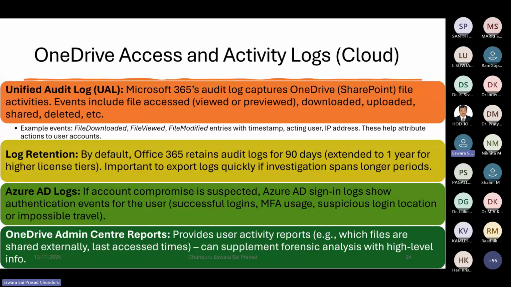These events or logs will include file accessed, whether viewed or previewed, downloaded, uploaded, shared, or deleted, etc. Some examples of the metadata we will be able to get from the logs are: file was downloaded, file was viewed, file was modified, along with the timestamps, the user account, and the IP address from where that particular event has happened.